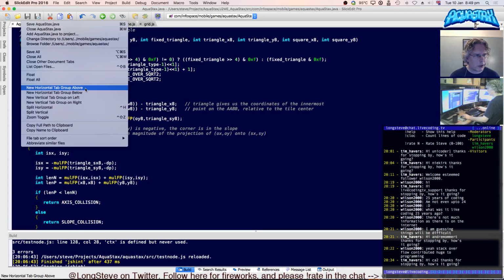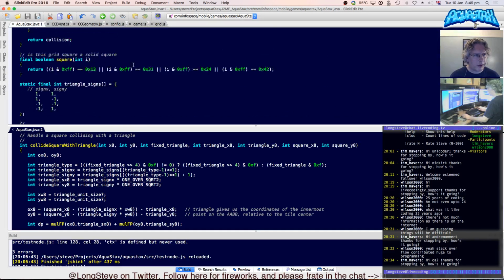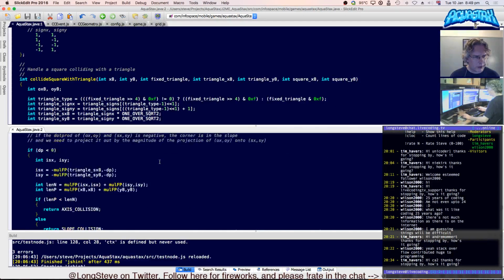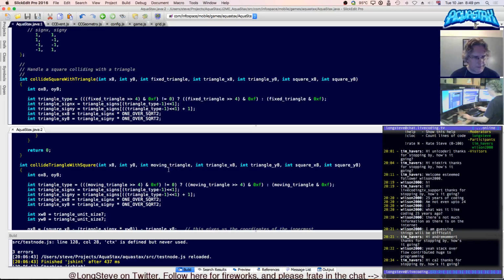Full horizontal, split again, split horizontal. So this is collide square with triangle, and this is collide triangle with square. Is it a parameter that's moving around? So x and y is the thing that's moving. Hang on a minute, what's x and y?